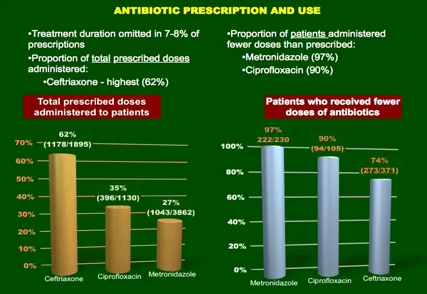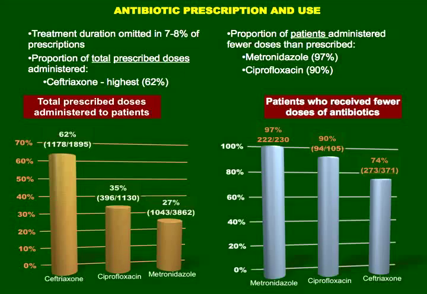And we observed that ceftriaxone had the highest number of total prescribed doses administered at 62%, whereas Cipro and Metro had only 35 and 27%.